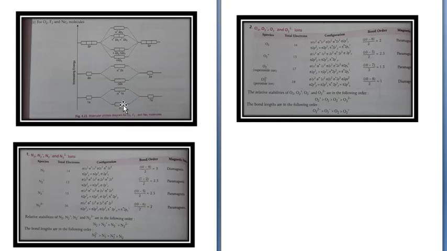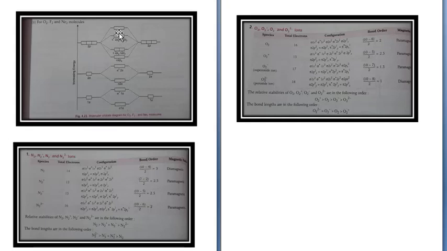Then again for 2s, the same thing will be followed: sigma 2s, sigma asterisk 2s. The difference will be here in 2p, x, y, z. In this case, sigma 2px will be below, then on top of it will be pi 2py and pi 2pz. And in antibonding, it will be the same: pi asterisk 2py, pi asterisk 2pz, and on top will be sigma asterisk 2px.